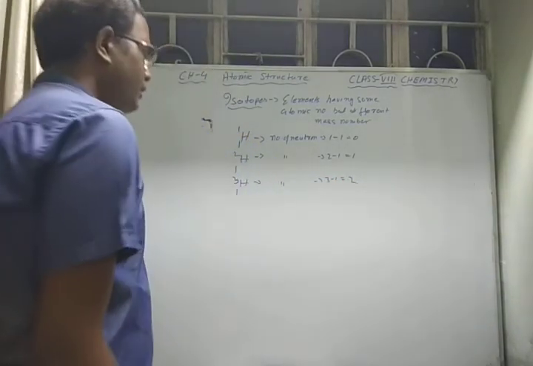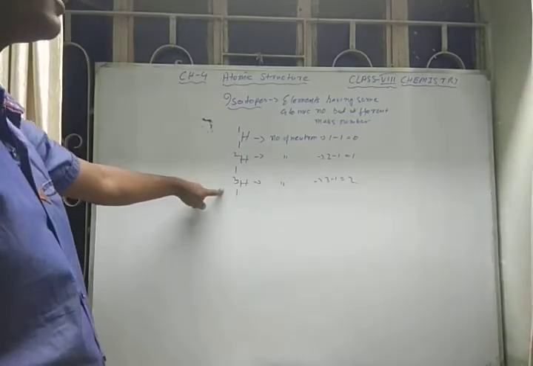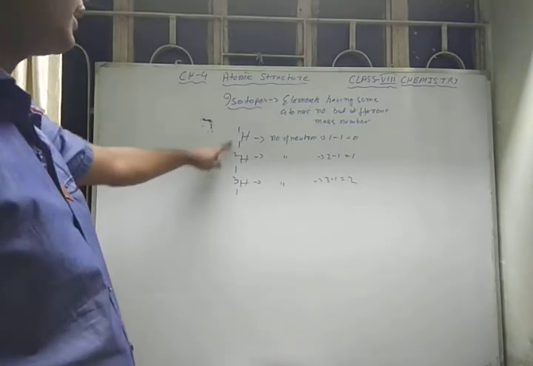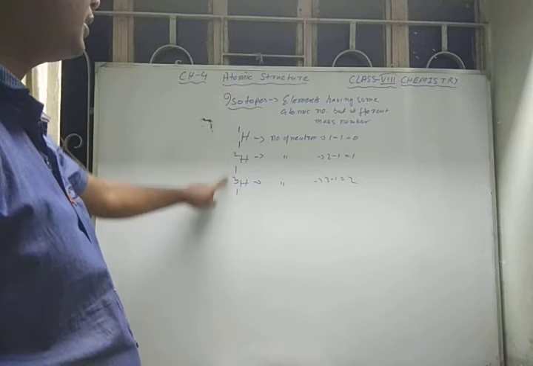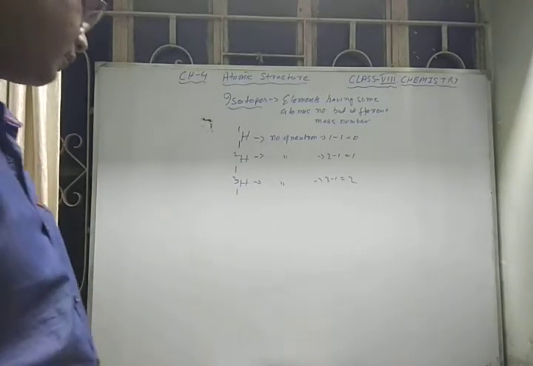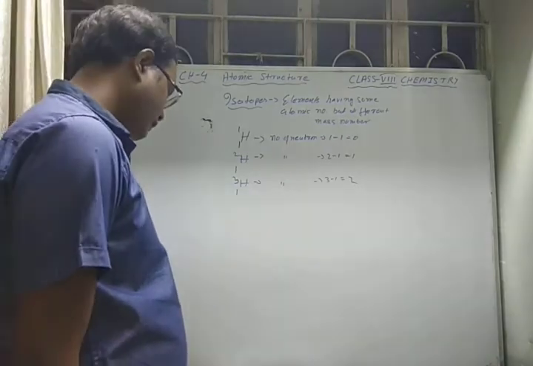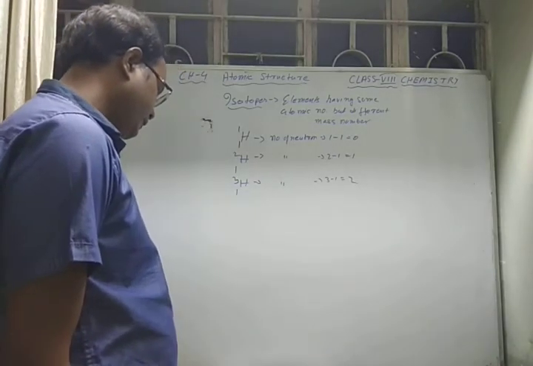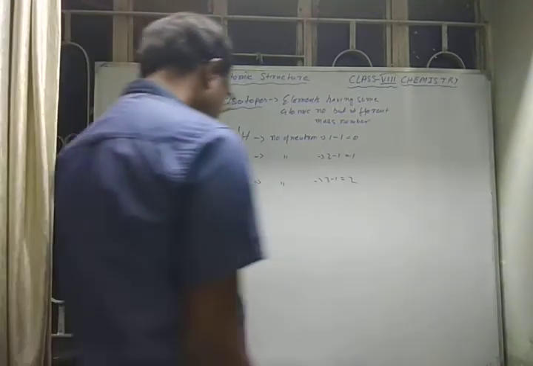All these atoms of hydrogen have one atomic number, but they have different mass numbers. So these three are called isotopes of hydrogen, and they also have different names. The first one is called protium.